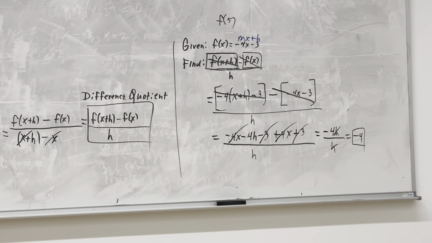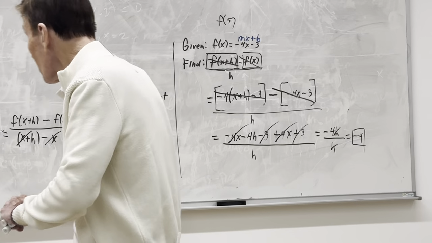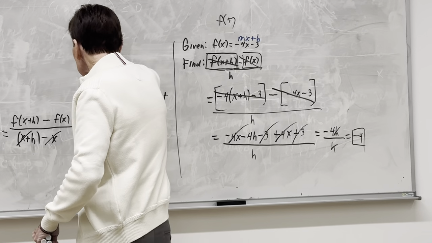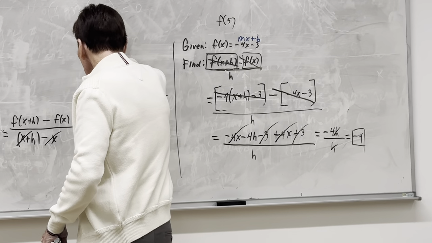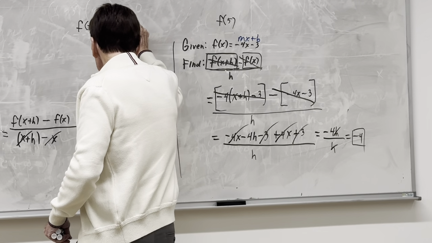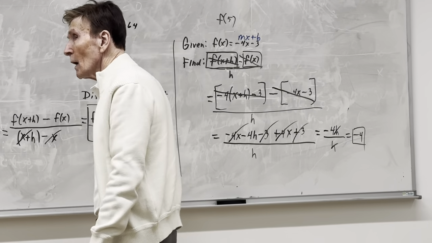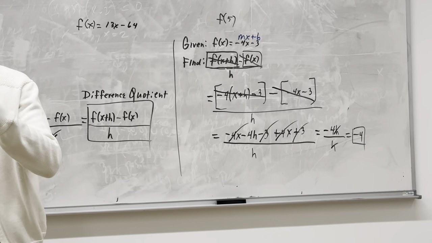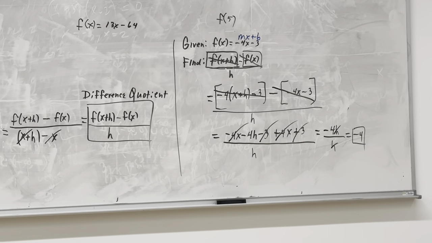Now, if you see on the exam on Wednesday, I give you this. We're not going to work through another one here like this. f of x is equal to 13x subtract 64. And I ask you to crunch out the difference quotient. And you say, wait, Professor, I see the answer right now.